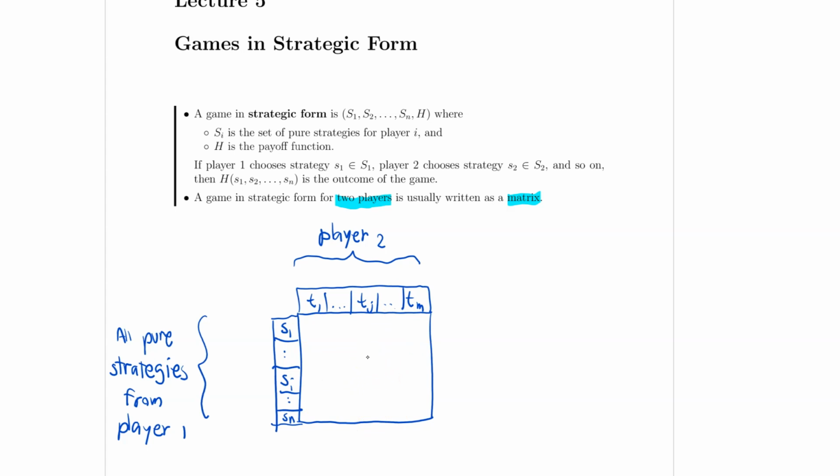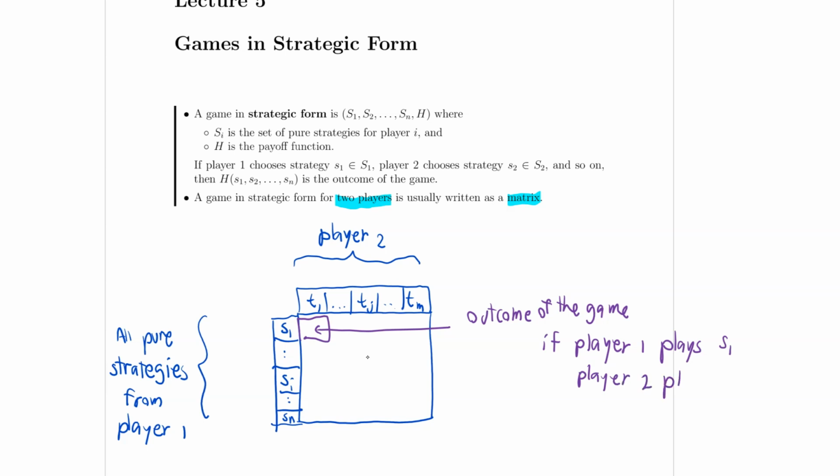For example, the entry in the first row and the first column is the outcome of the game if player 1 chooses strategy S1 and player 2 uses strategy T1.